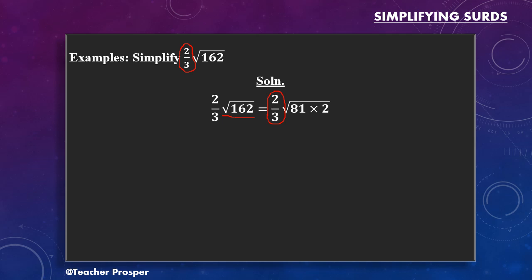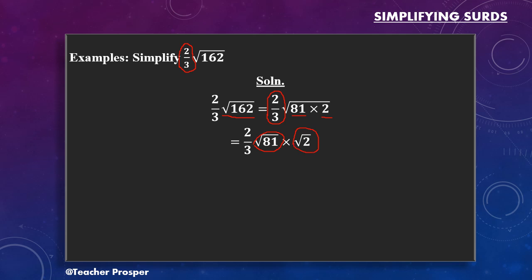And 162 can be written as 81 times 2. So in all, we are going to have square root of 81 times 2. So in our next step, our coefficient still remains, and then we'll share the square root among the 81 and that of the 2.